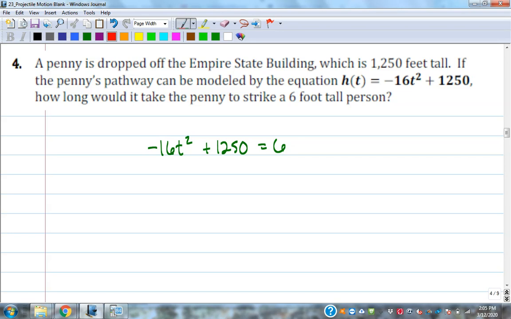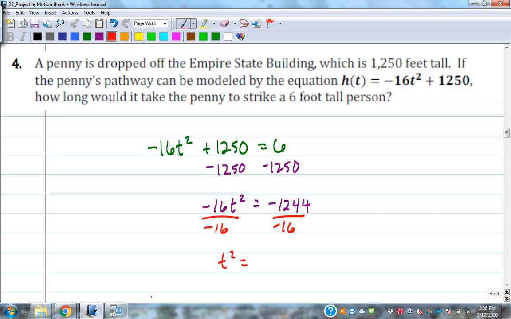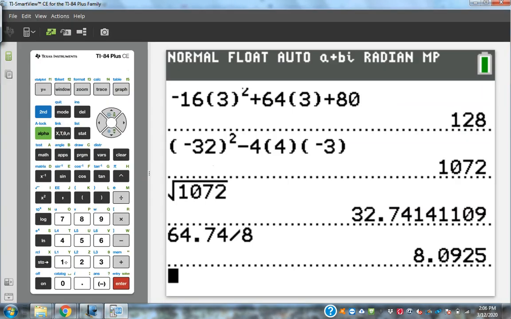So I'm going to get t squared by itself. So I'm going to subtract 1250. Negative 16t squared is equal to negative 1244. And divide by negative 16. And it doesn't matter if that goes evenly or not.